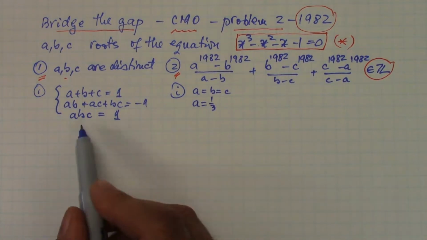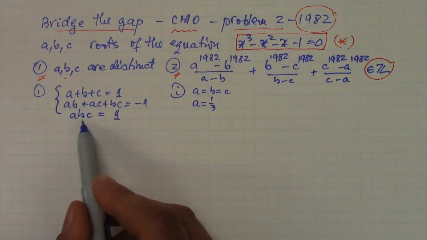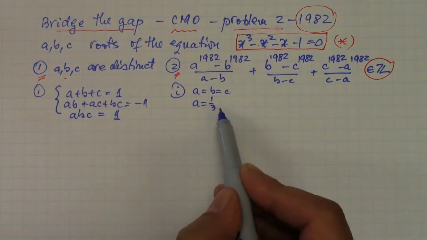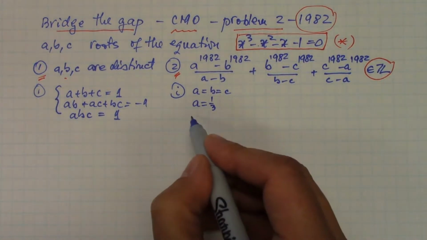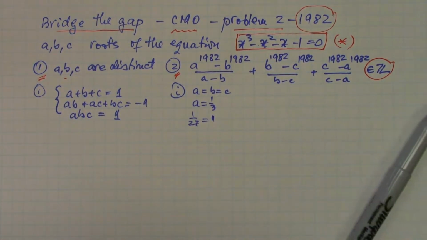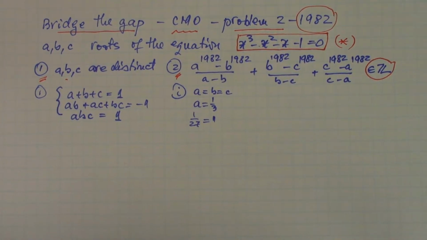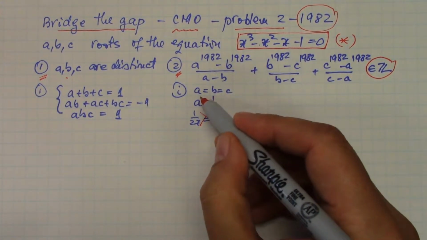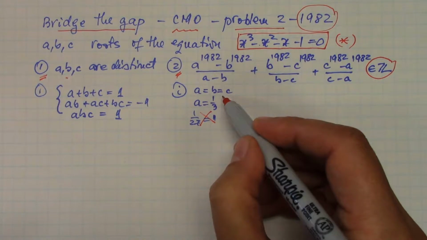If we replace a, b, and c by 1 over 3 in the third relationship, we get that 1 over 27 is equal to 1. Obviously, that is false, so it cannot be the case that a is equal to b is equal to c.